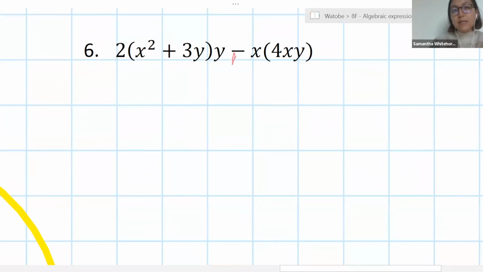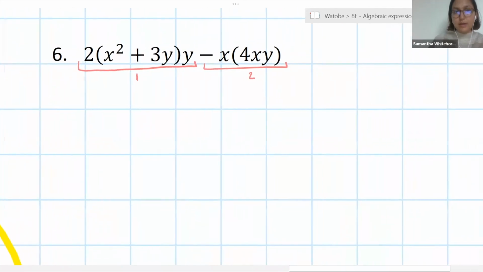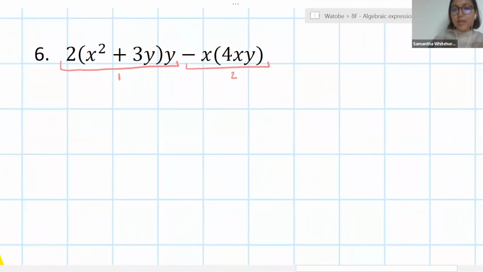So this minus sign over here is going to separate my terms. This one inside the bracket, it's inside a bracket, so I don't consider it. So in this expression, I have 2 terms. I have got this first term over here, and then I've got a second term over there. So there's 2 terms that I'm going to work with. So that's step 1 done.